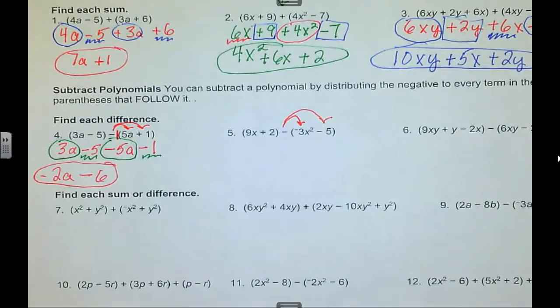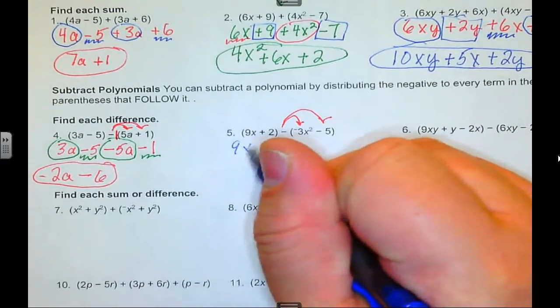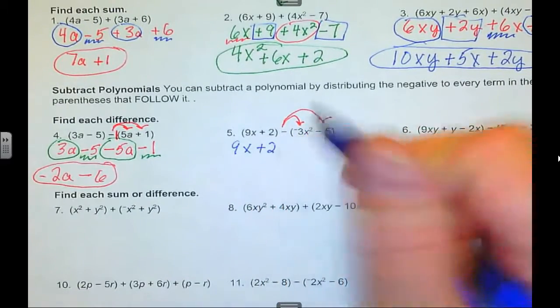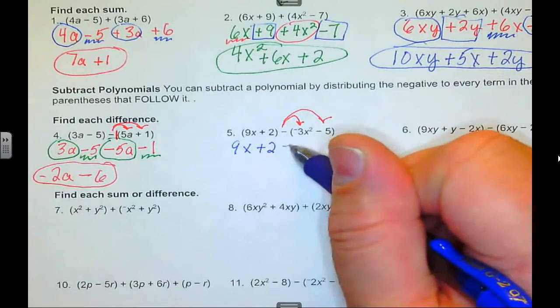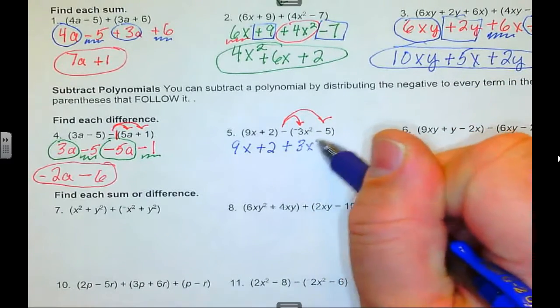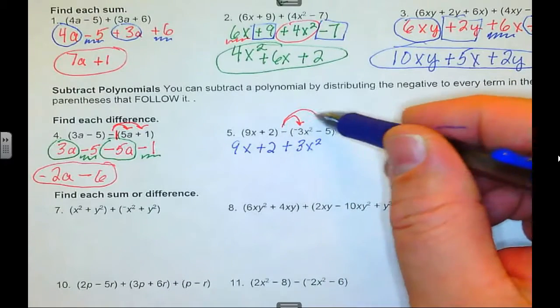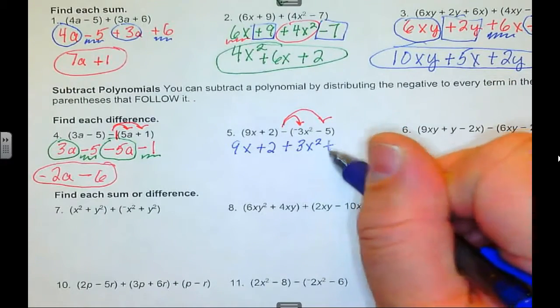Number 5, I have to distribute the minus sign. 9x plus 2, minus times a minus is a positive 3x squared. Minus times a minus 5 is a positive 5.